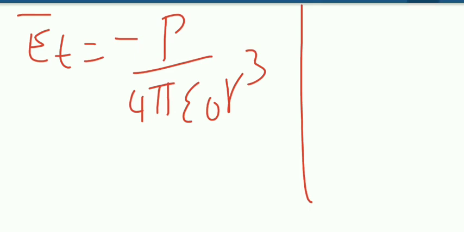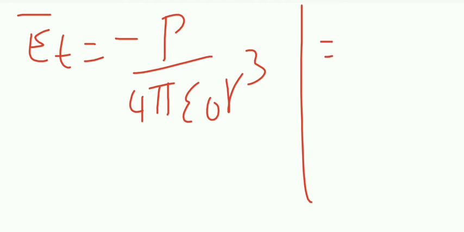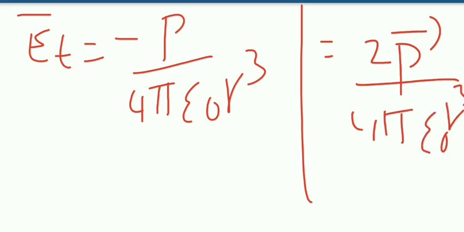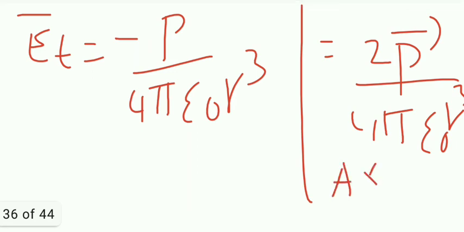Whereas for the electric field at the axial plane, E is equal to 2p vector divided by 4 pi epsilon naught r cube. This we derived already. So it is axial. This is equatorial.